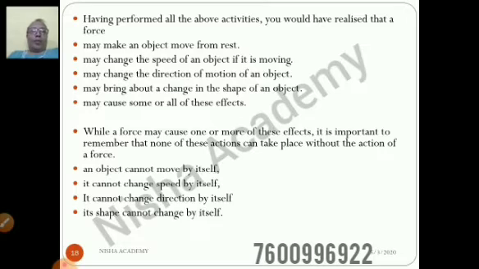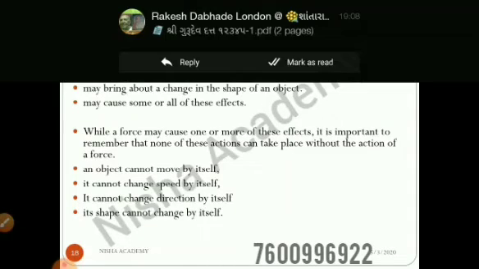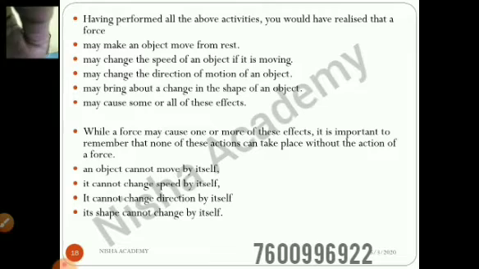Having performed all these activities regarding motion, we would like to realize that a force may make an object move from rest. It may change the speed of an object if it is moving. It may change the direction of motion of the object.